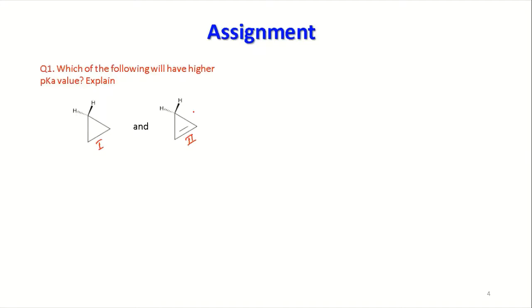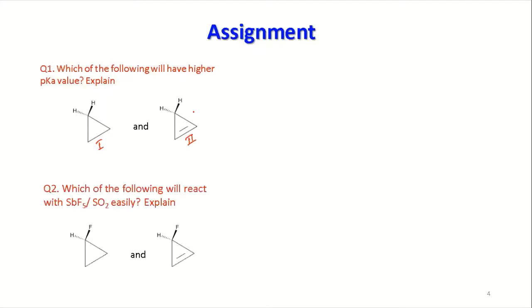You try to think. Question 2: which of the following will react easily with the SbF5 sulfur dioxide system?